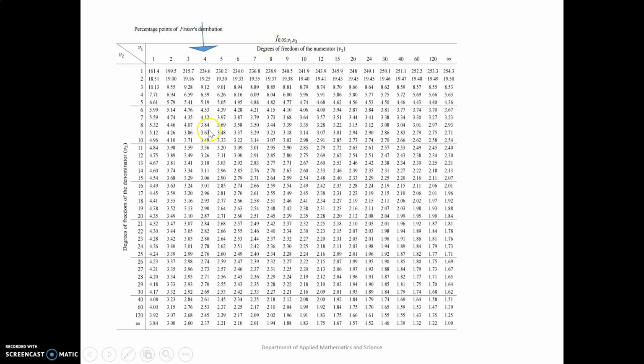And then degree of freedom of denominator. Denominator degree of freedom means we are talking about within degree of freedom, so that was equal to 15. So cross these two, you will get the value as 3.06. That is F from the table.